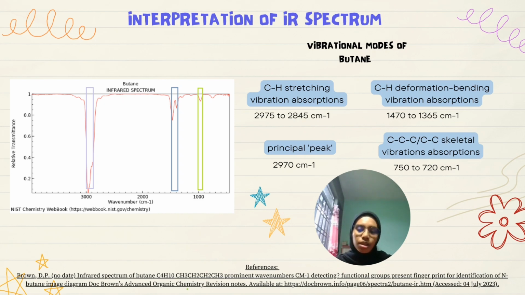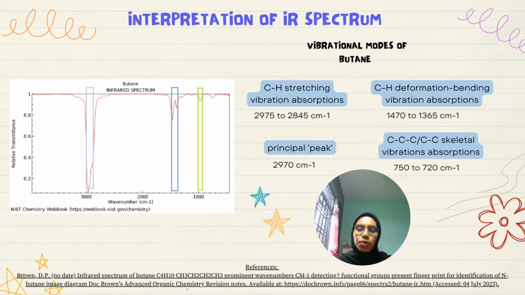This vibration is the most common group that is present in every organic compound IR spectrum. There's one peak that touches the wave number 2970, called the principal peak.